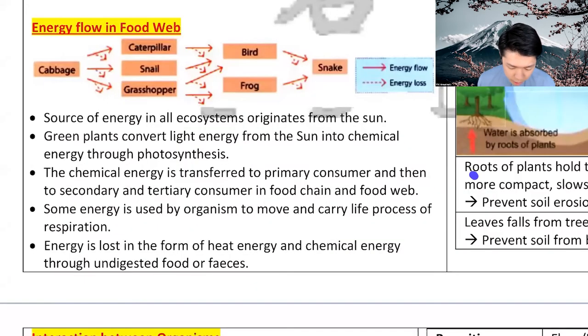Some energy is used by organisms to move and carry out processes of respiration. So it is being lost in the form of chemical energy and heat energy through undigested food or feces. So what I've mentioned to you: respiration, defecation is shitting, as well as excretion. Okay? All good? All right.